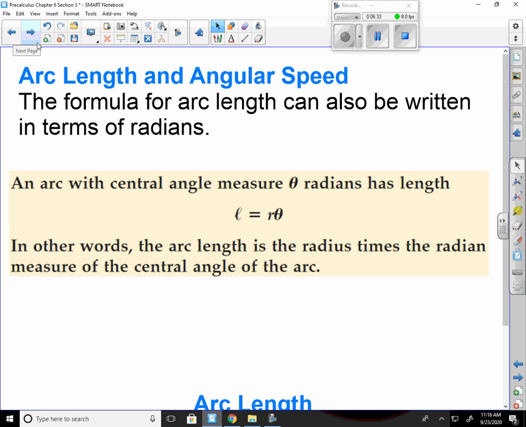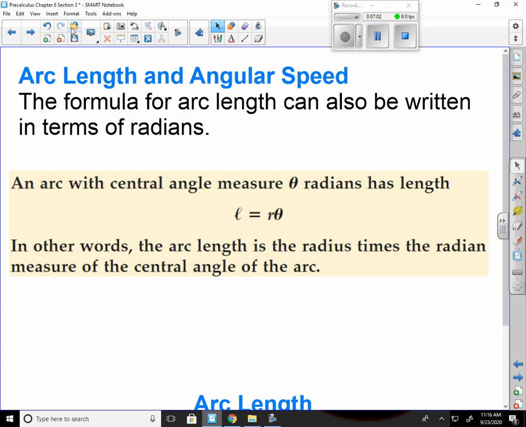That takes us to arc length and angular speed. The formula for arc length can also be written in terms of radians. So we've already done this with degrees. Now we can do it in terms of radians. An arc with a central angle measure theta radians has length L, or the arc length, equal to the radius times theta. Wow, that's crazy.